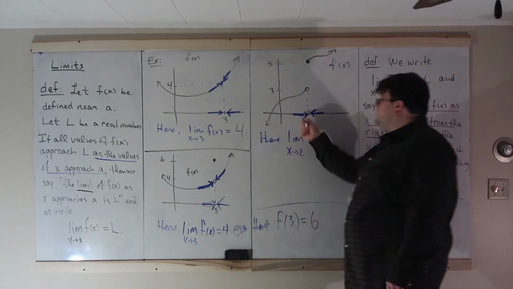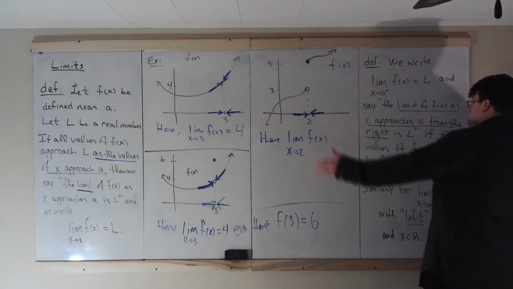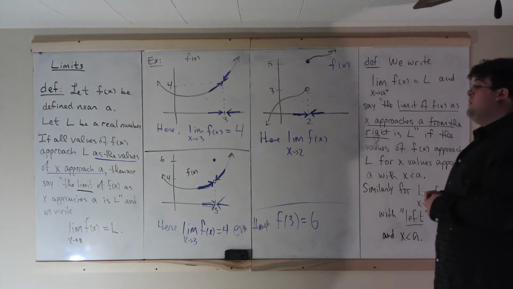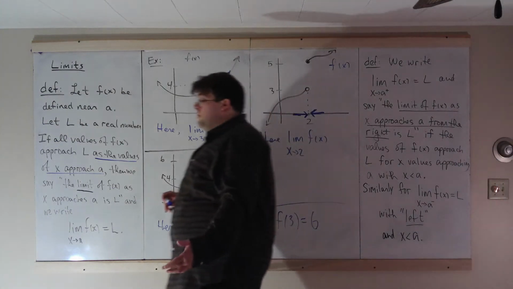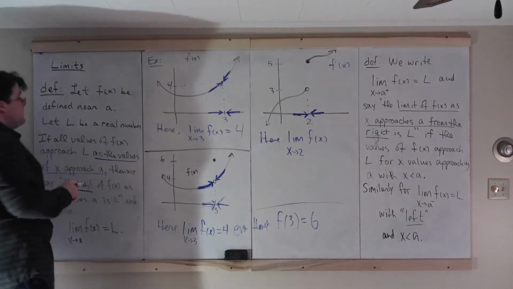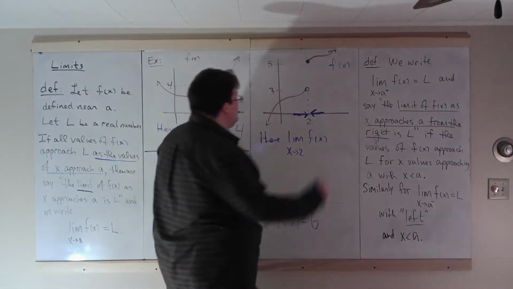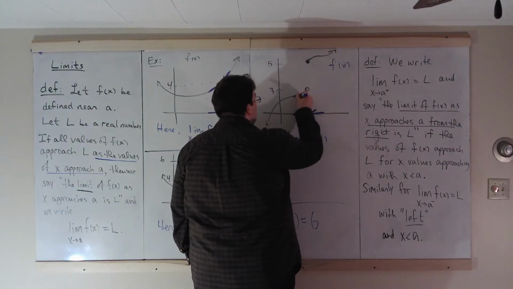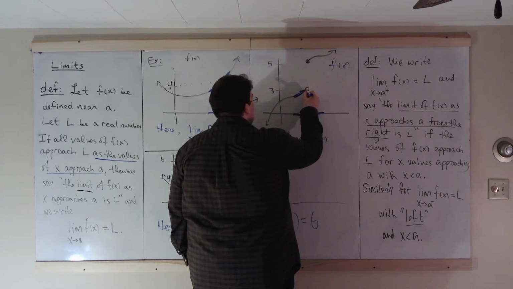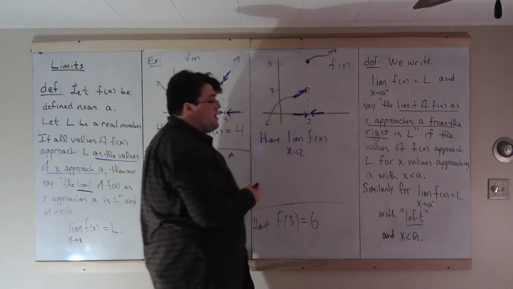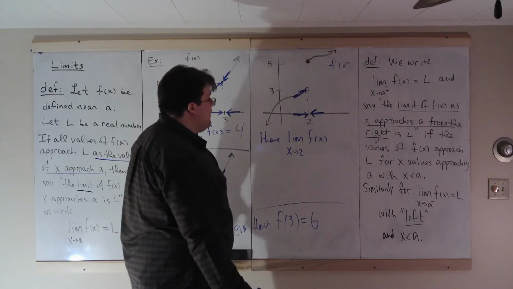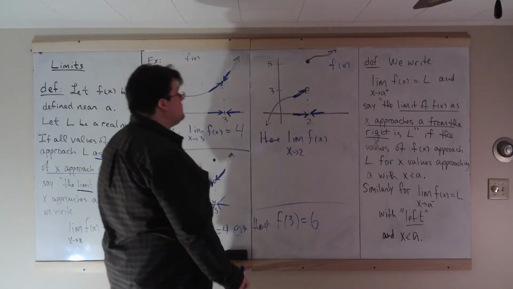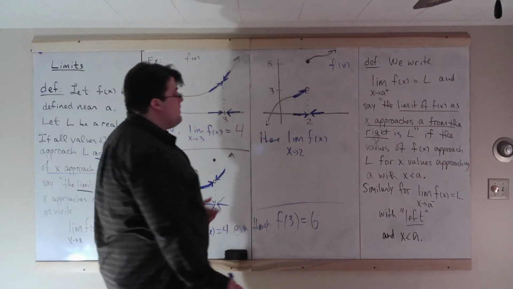We can approach 2 over here from that side. We can approach 2 from this side. And what does the function do as x approaches 2 on each side? Well, on this side, the function approaches this open dot at 3. Great. So if on this side we also get that the function approaches 3, then the limit will be 3.